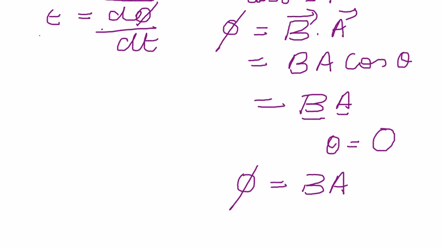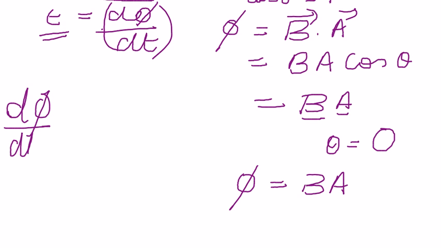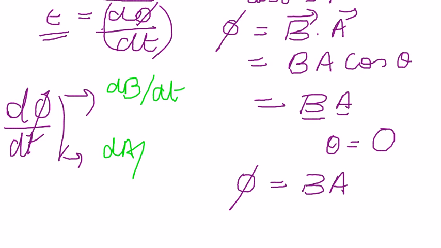Since we are talking about induced EMF, that means there has to be change in flux. Change in flux could be due to either dB dt or dA dt. Since the magnetic field is uniform, dB dt is equal to 0. That means B is a constant.